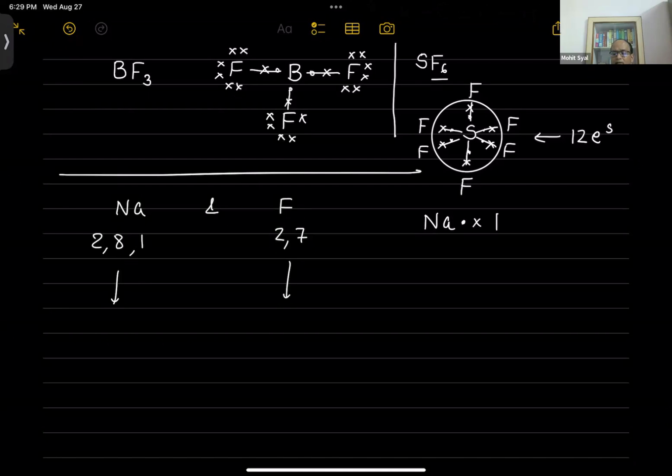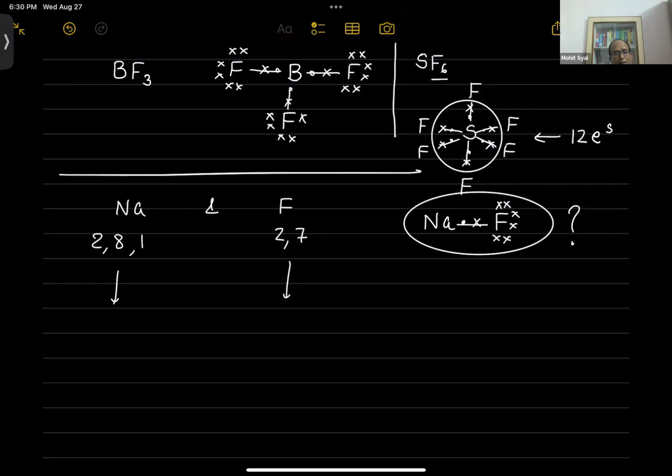Is it going to happen in this way? Sodium will only have 2 electrons. Is this correct or incorrect? It's incorrect. Got it?